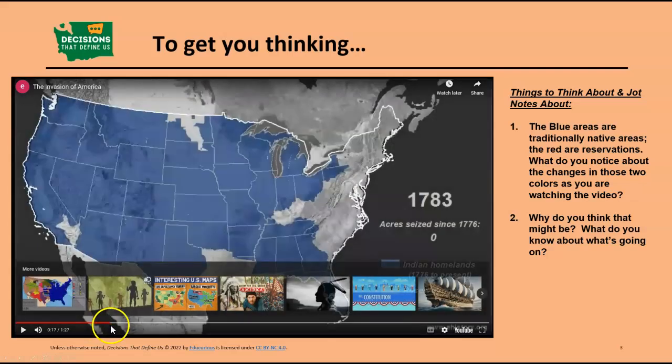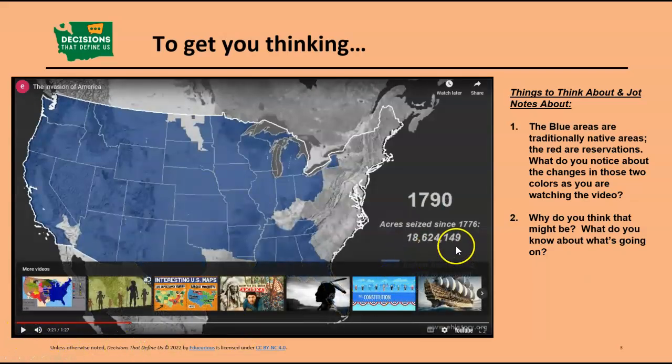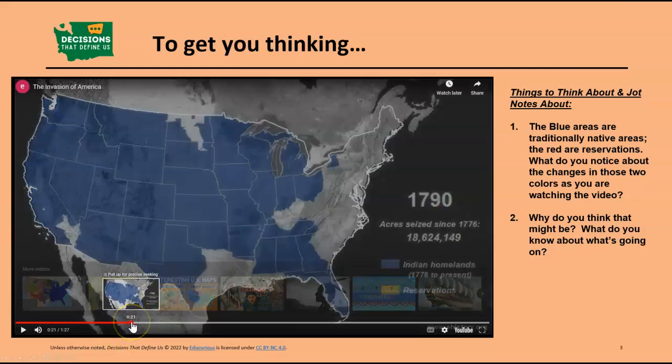And as we go across time, right, so this is 1783. And as we go across time, you'll see those areas, those blue areas shrink, and those, I guess they're orange, not red.